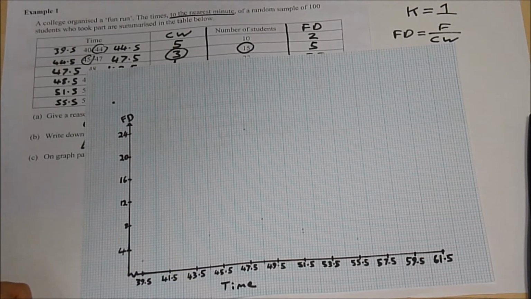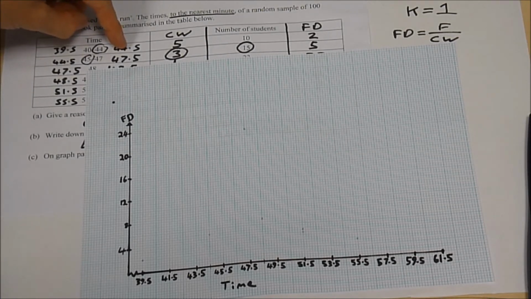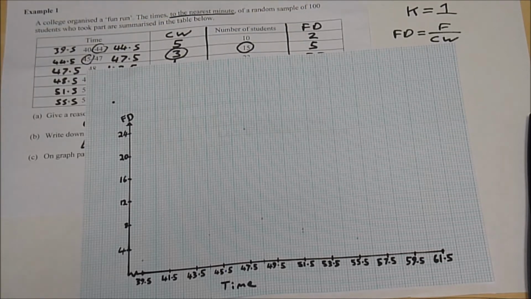Obviously, because it's a histogram, we're plotting the time against the frequency density, so that when I do frequency density times the class width, I will get the frequency. The area will be the frequency. So my first one is from 39.5 to 44.5. It has a frequency density of 2.